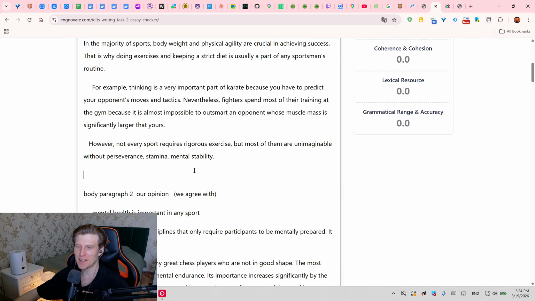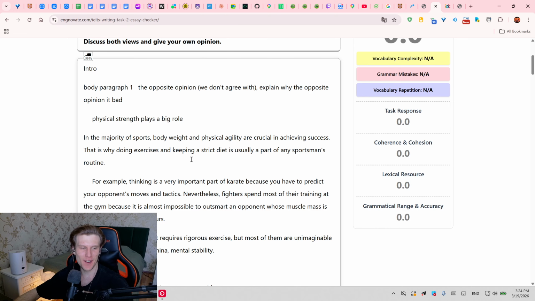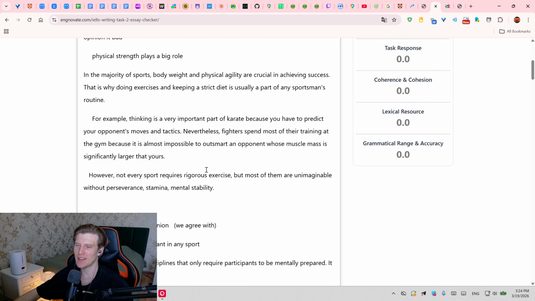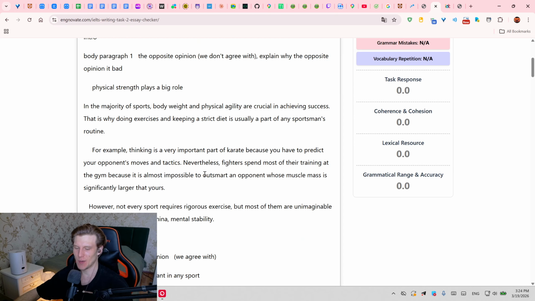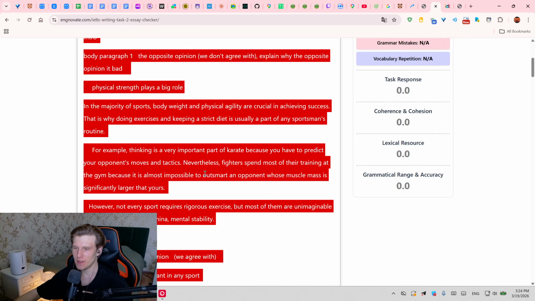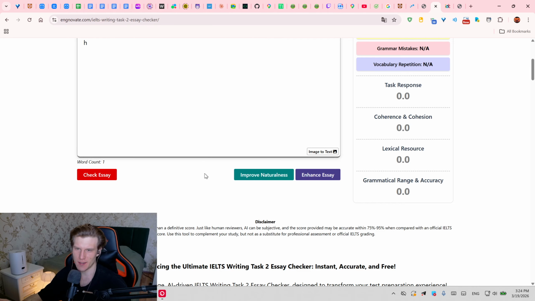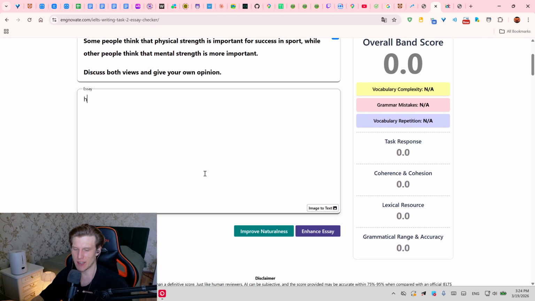Okay, here is a thing. You need to learn some shortcuts. That happened to me many times on the IELTS test. When you accidentally click Control A, which just highlights the whole text, and then you accidentally click backspace, or any letter on the keyboard, it just erases the whole text.